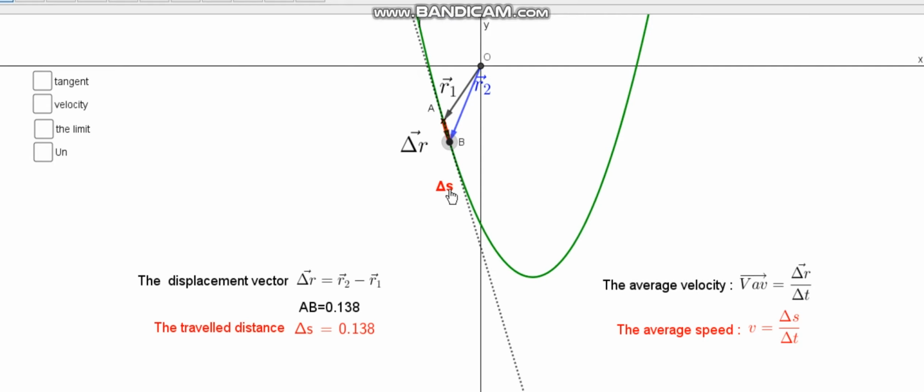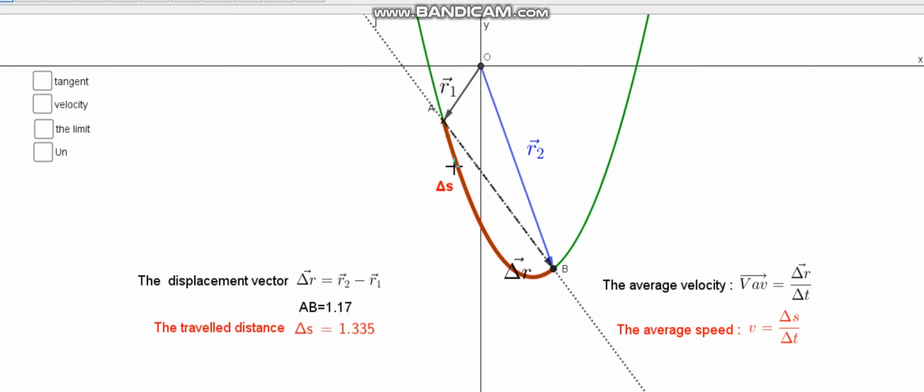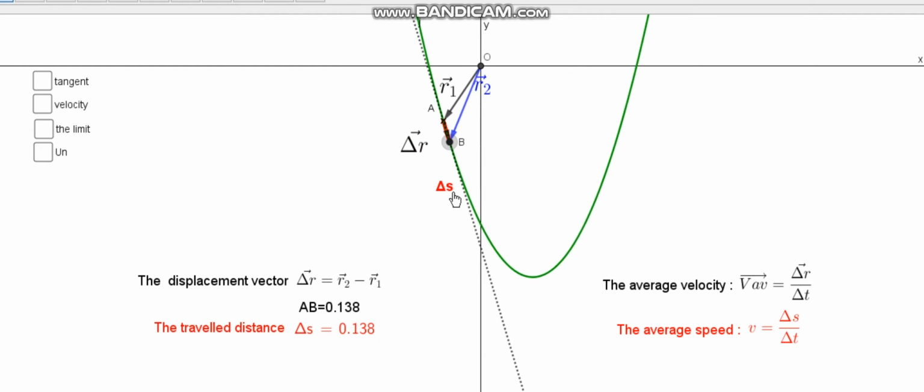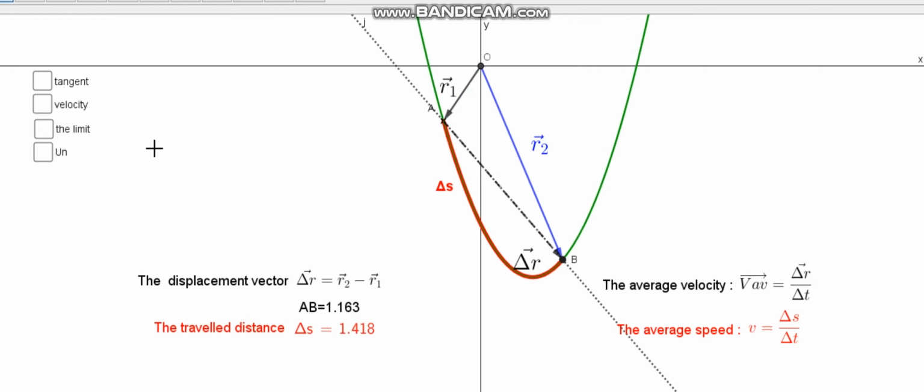Then the magnitude of delta R is equal to delta S, and the chord, the arc, and the tangent at A have the same direction. We will see that by this observation.